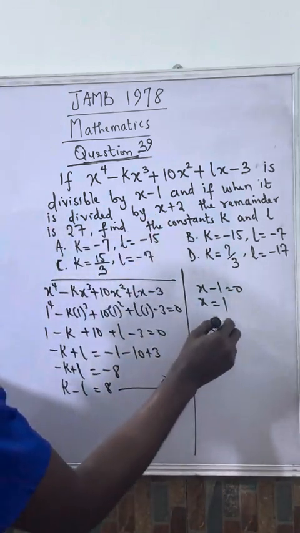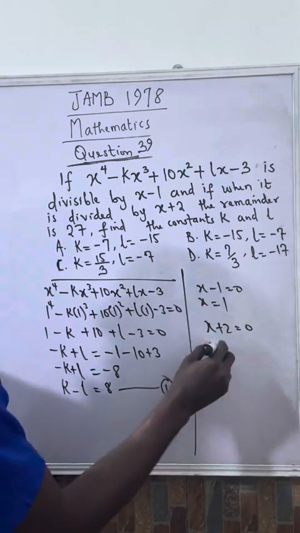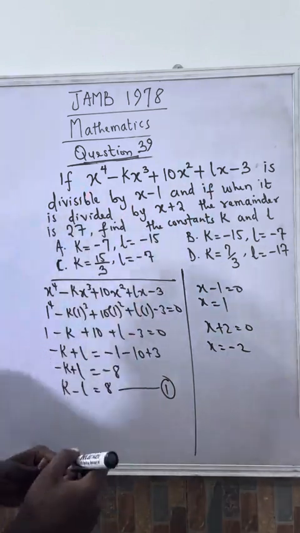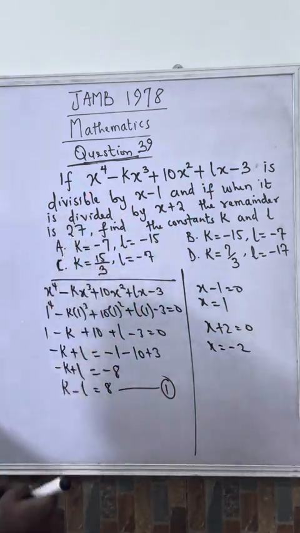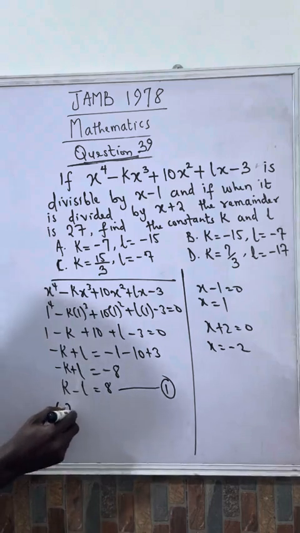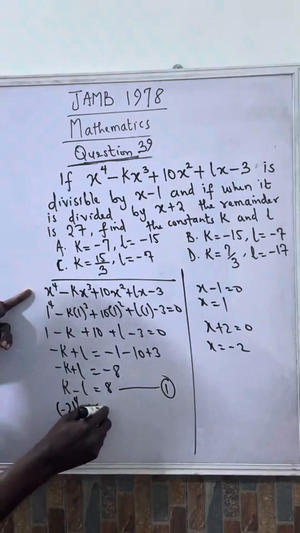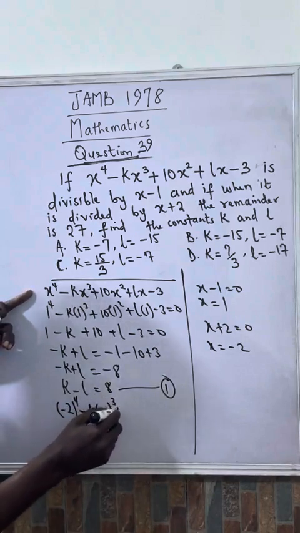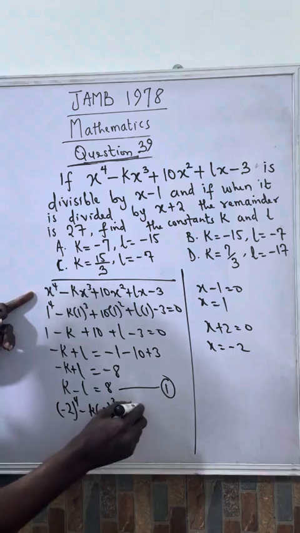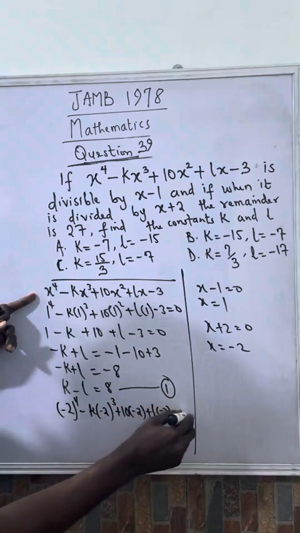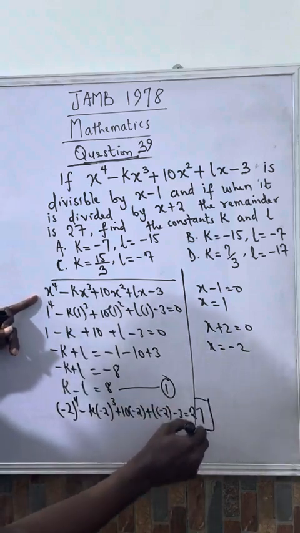Now for this second one, we will apply remainder theorem. If you set x plus 2 equal to 0, that means x will be equal to -2. So I can substitute -2 here. It must leave the remainder of 27. So I will have -2 raised to power 4 minus k bracket -2 raised to power 3 plus 10 bracket -2 raised to power 2 plus l bracket -2 minus 3 equal to 27.